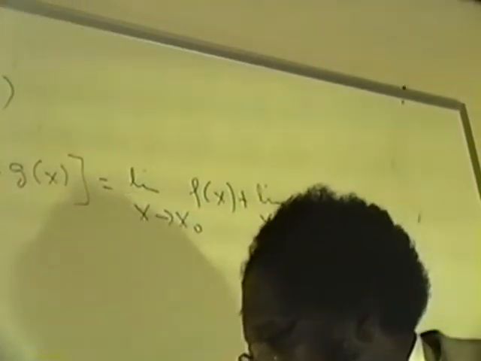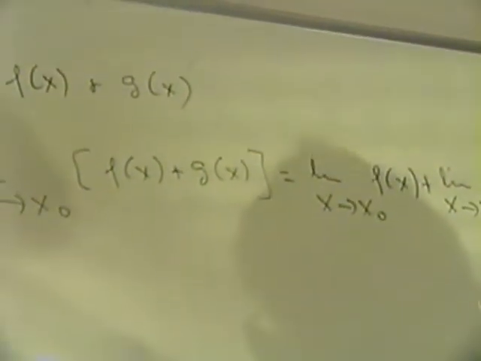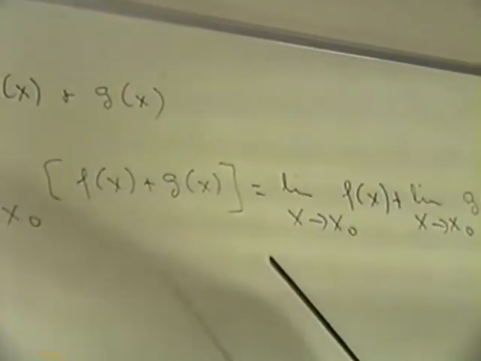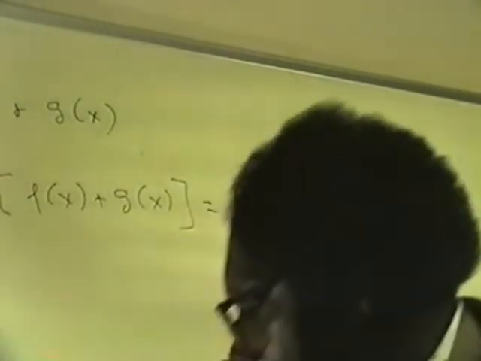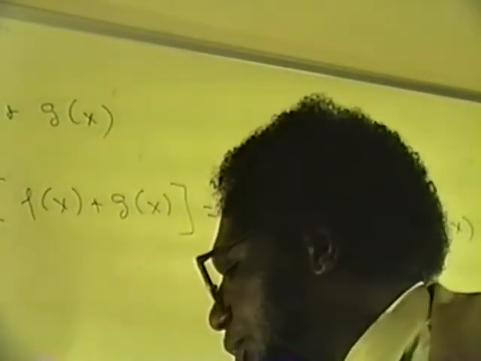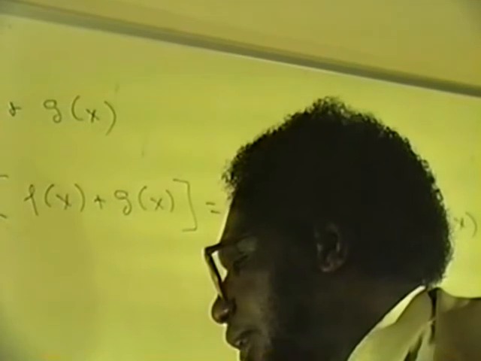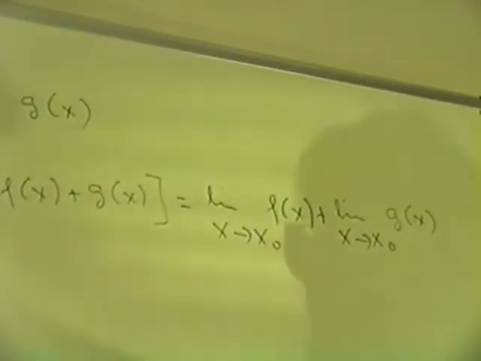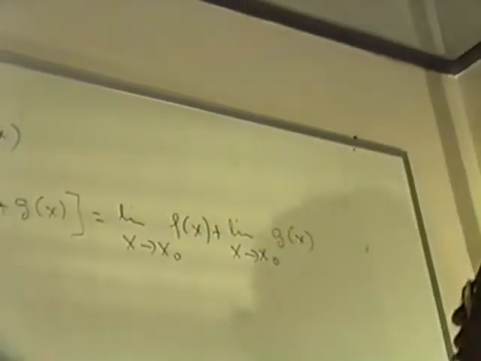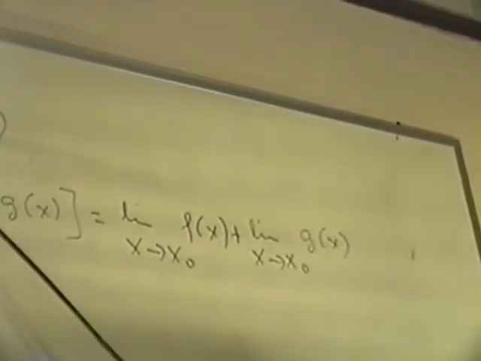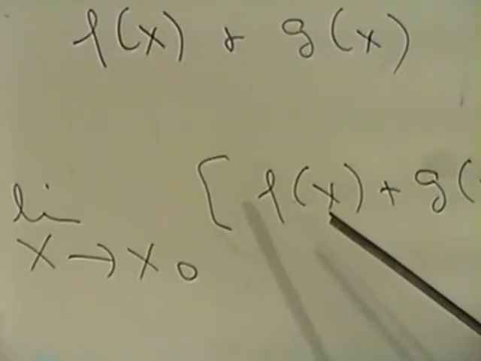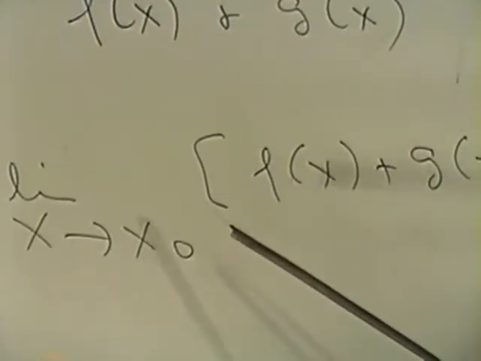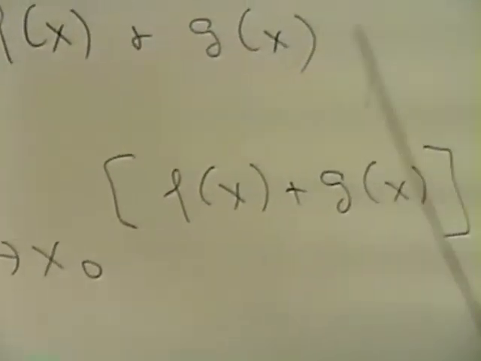Again, here we have two functions, f of x and g of x, and we want to find the limit as x approaches x sub 0 of f of x plus g of x.